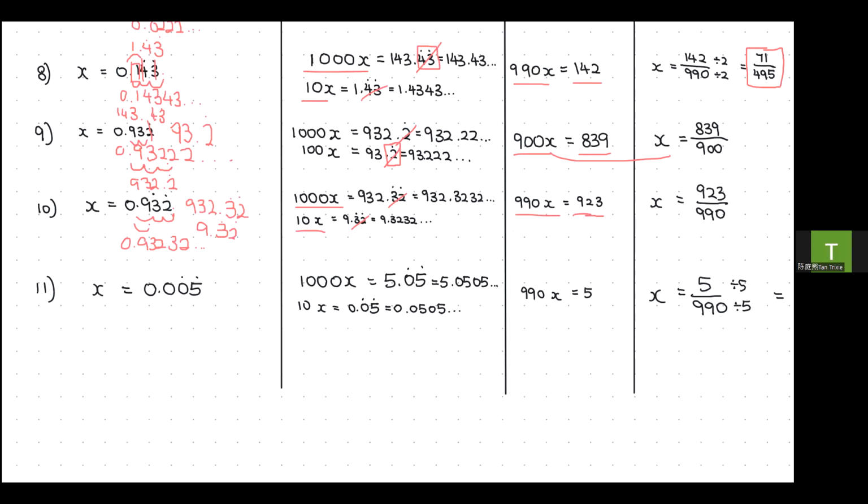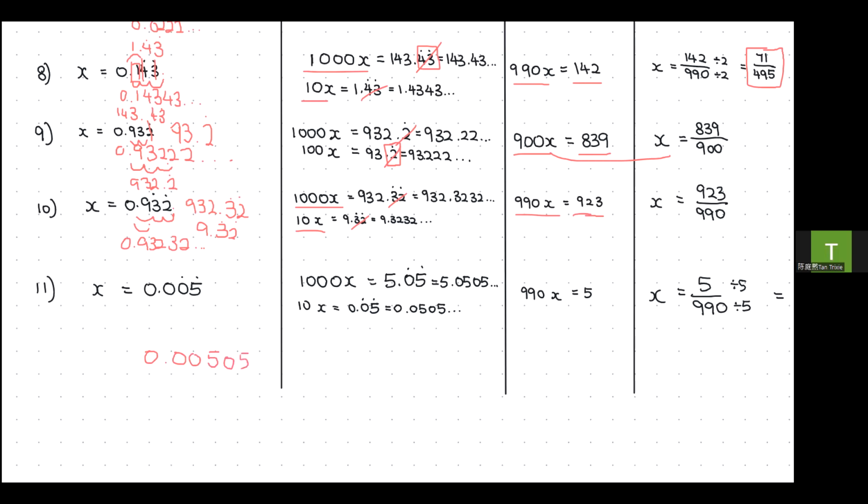Last question. x equals 0.005 with dots representing recurring on top of the second and third decimal places, which equals 0.00505.